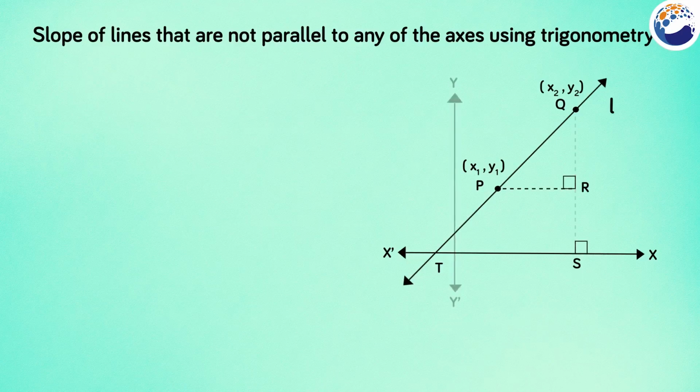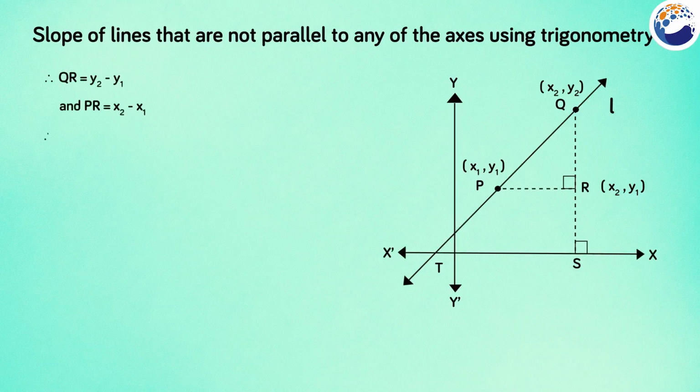QS is parallel to the y-axis, PR is parallel to the x-axis, which implies PR is parallel to TS. Therefore, QR is equal to y2 minus y1 and PR is equal to x2 minus x1. Therefore, QR upon PR is equal to (y2 minus y1) upon (x2 minus x1). Take this as equation 1.